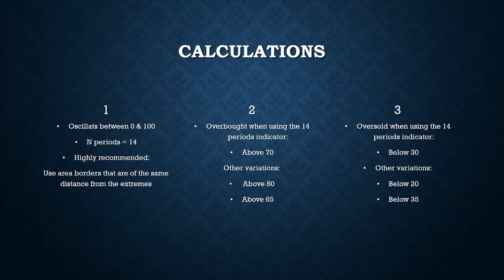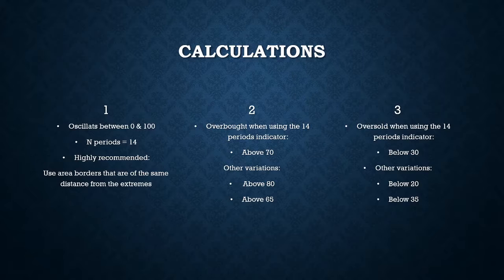But of course, there are other variations. Some authors say that when you use the RSI for longer periods, you need to push these boundaries closer to the extremes, closer to the 100 and to the 0. So instead of 70, we have 80. Instead of 30, we have 20.